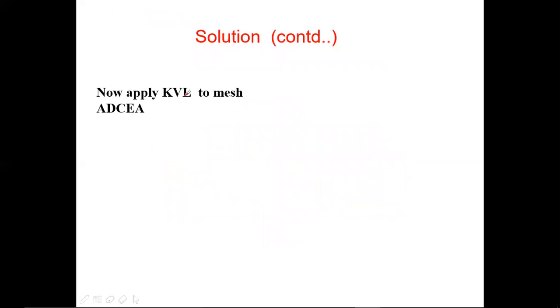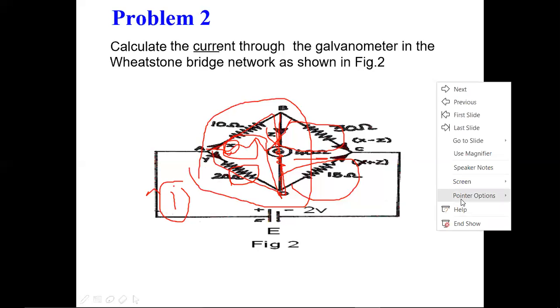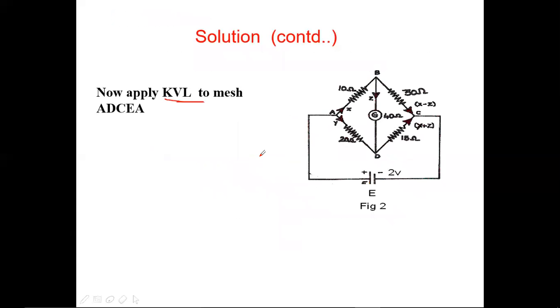That is the reason I am applying KVL to the mesh. Let me remove all the marks. So how can I apply the mesh? Let me draw this for you guys. For this PPT, I took it from another source.